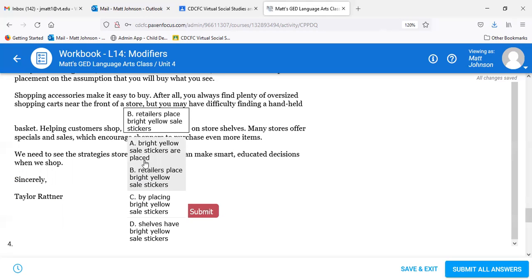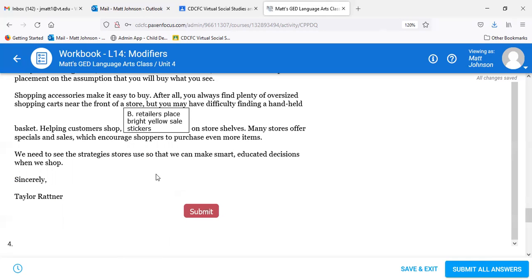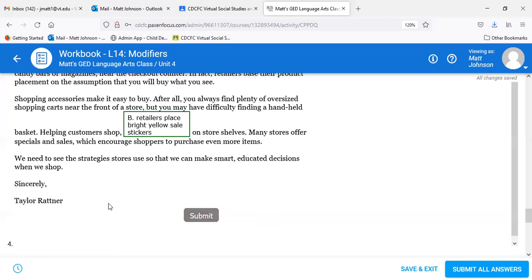Here, A, bright yellow sale stickers are placed. That's out of order. In C, by placing bright yellow sale stickers, we don't know who's placing them in either of those answers. None of these give you the correct information. You have to have a subject there, and it's retailers.